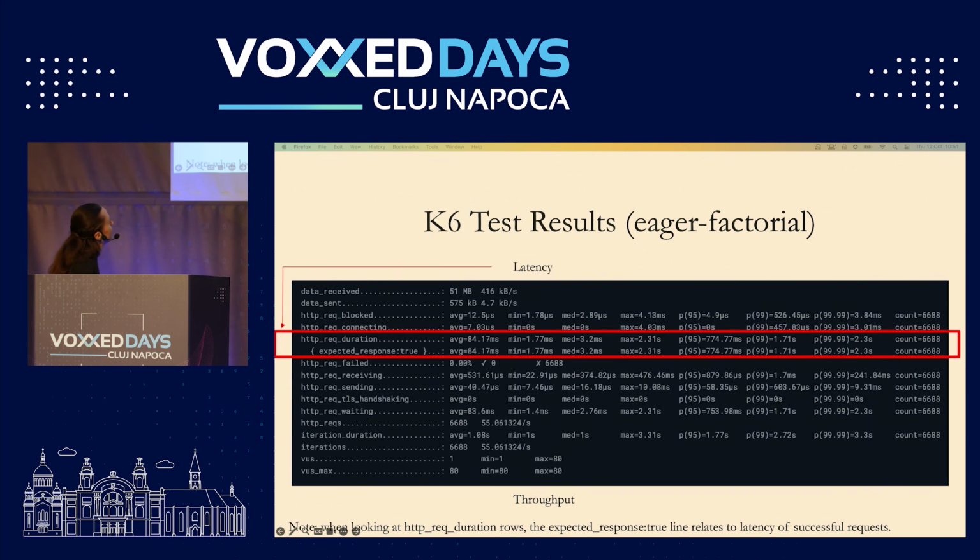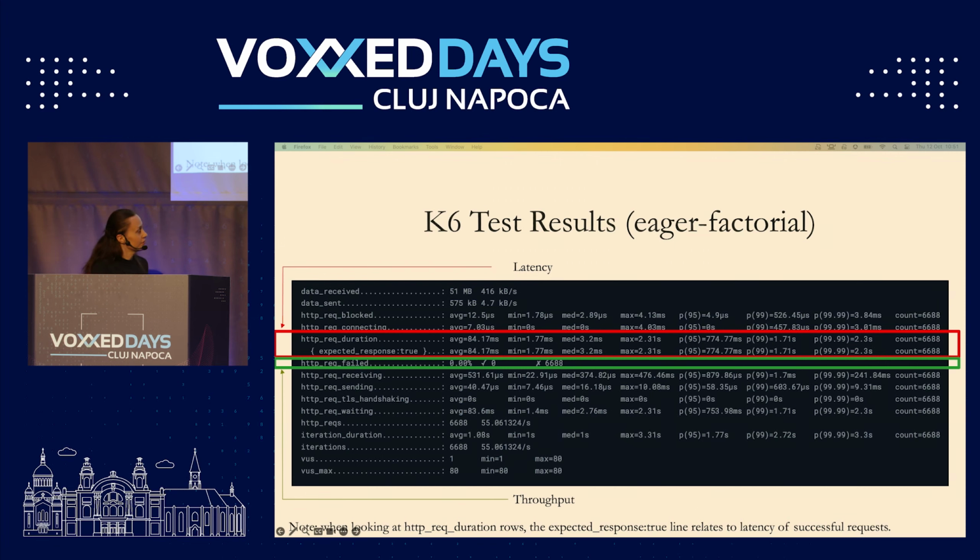So for latency, I got an average of 84.17 milliseconds, but for percentile 95, it's getting closer to 1 second. So this means that 95% of my requests are closing in on 1 second. And in terms of throughput, I just got 6,688 requests for the 80 users.